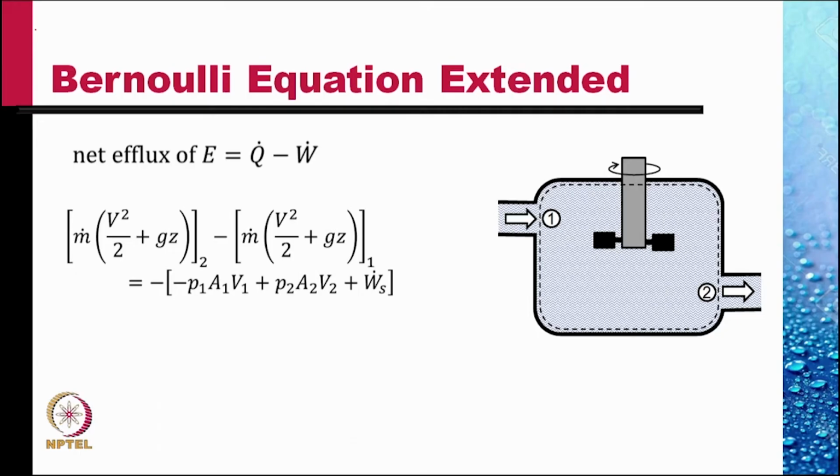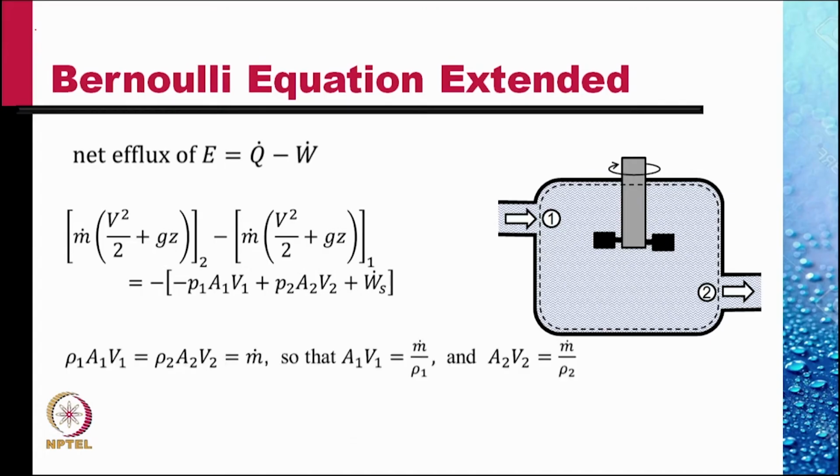This is the net efflux of energy, and that should be equal to minus the net work done by the system, and that we have shown is minus P1 A1 V1 plus P2 A2 V2 plus W dot S. Now rho 1 A1 V1 is equal to rho 2 A2 V2 for a steady system, and that is equal to the rate of mass throughput.